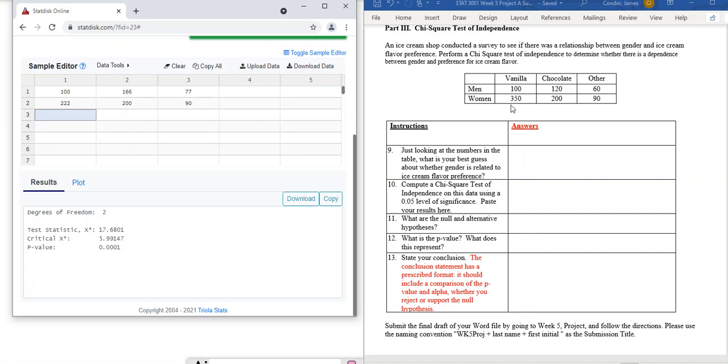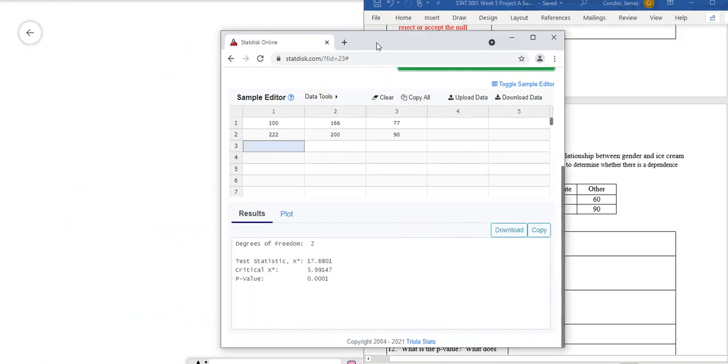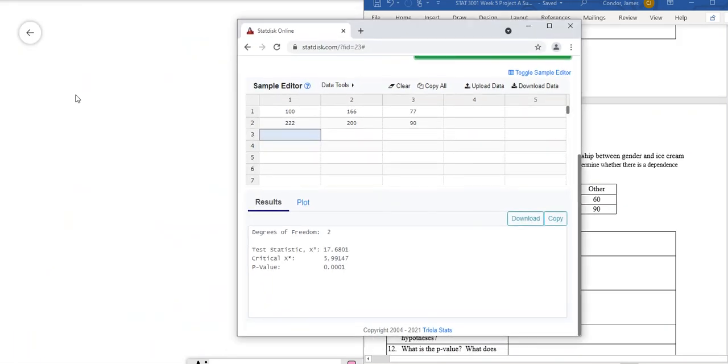Once these are determined, this row and this row, then these can vary. But so 3 minus 1 times 2 minus 1 is 2. That's where they get that. And then you got to answer these questions. Okay. So that's it for the Project 5 video.